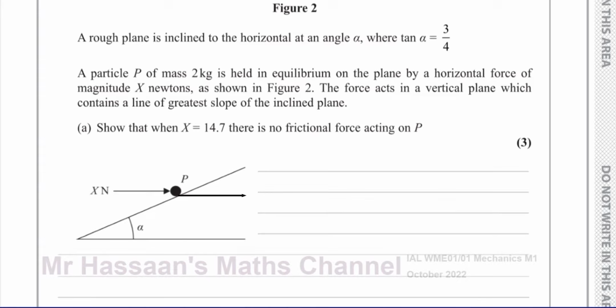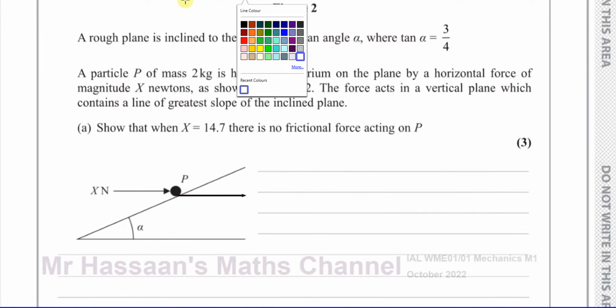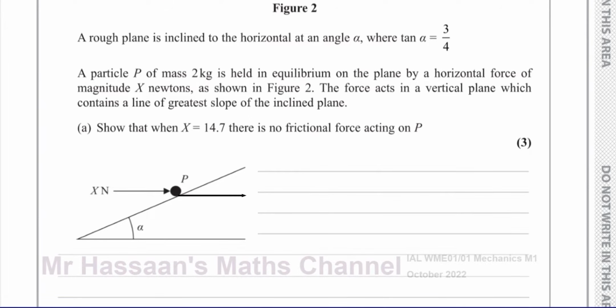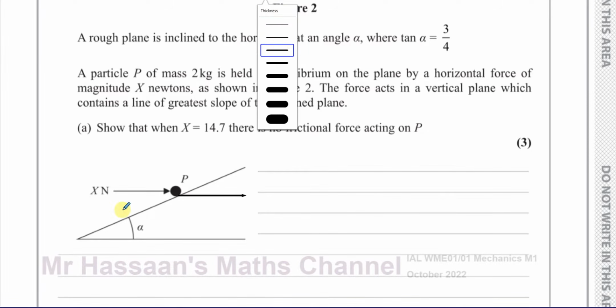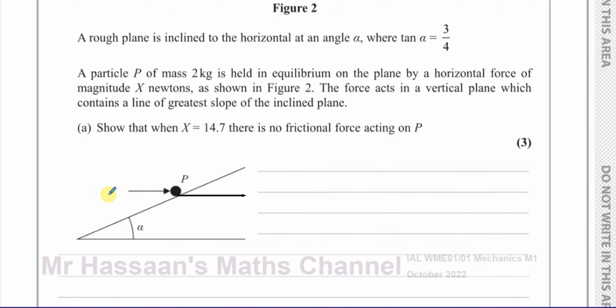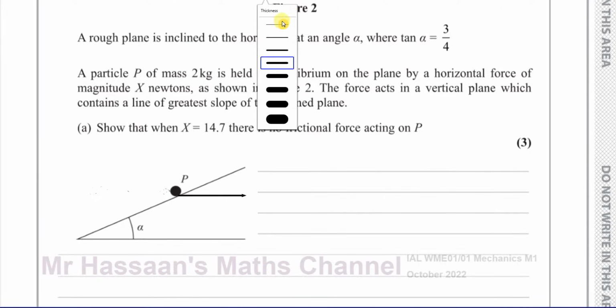I'll move the x newtons to the other side, just drawing the same force on the other side to make it a little bit easier when I'm resolving. So this is x newtons over here.